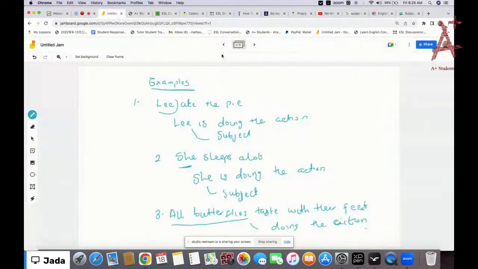Now, from the examples we had earlier: Lee ate the pie. When we said Lee was the subject, ate here is the verb, which is the predicate.